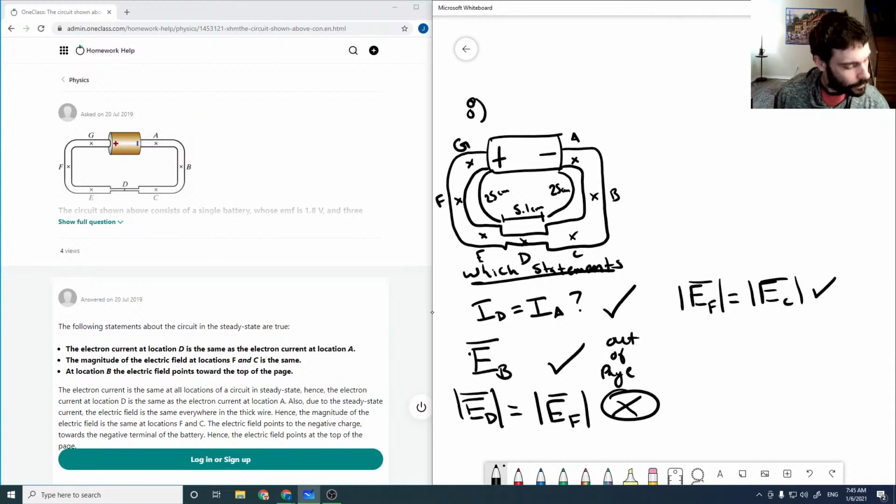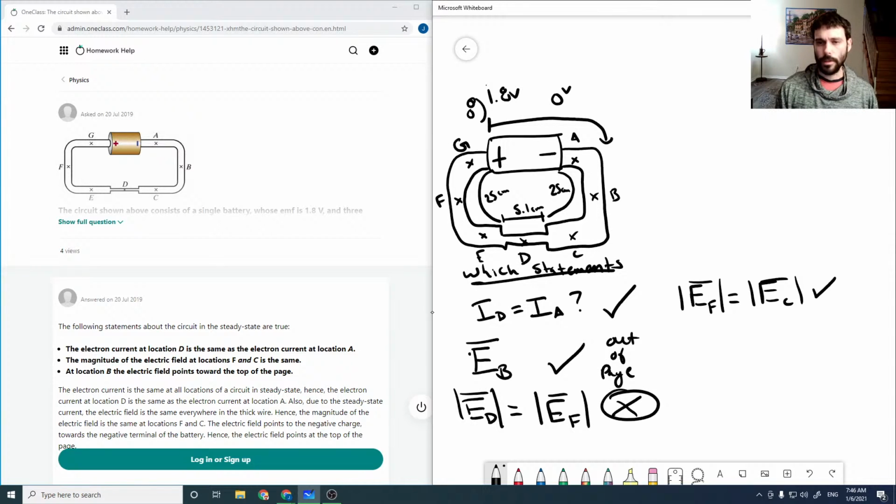Then it asks us to write a Kirchhoff loop law for this, starting here and going around this way, with the assumption that this is 1.8 volts and 0 volts.